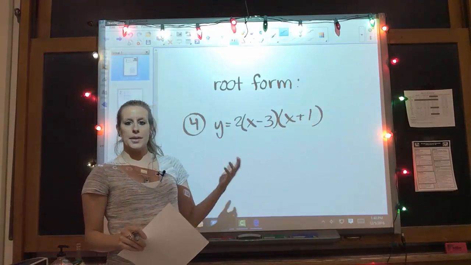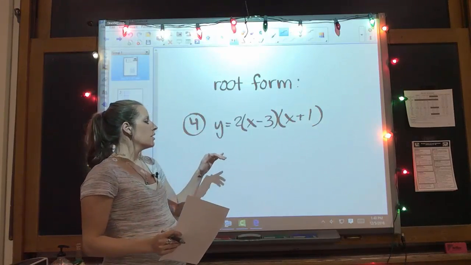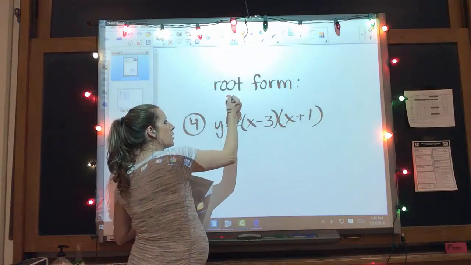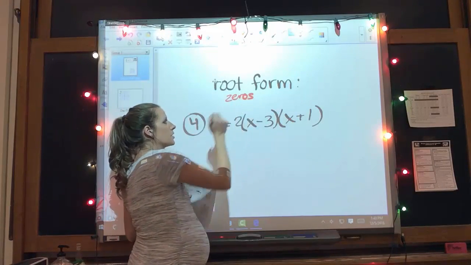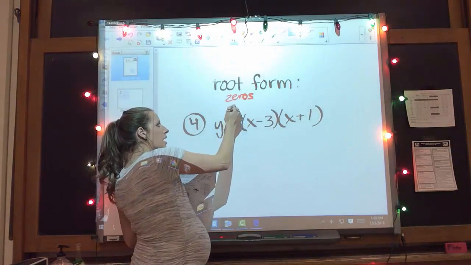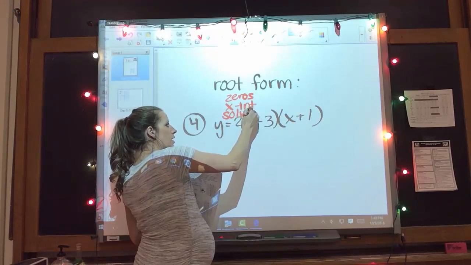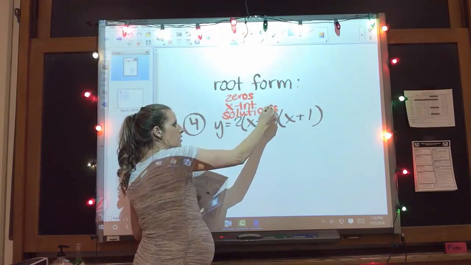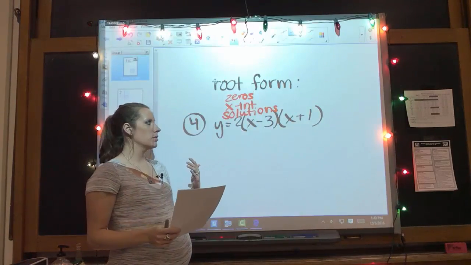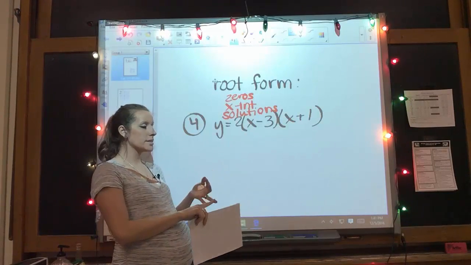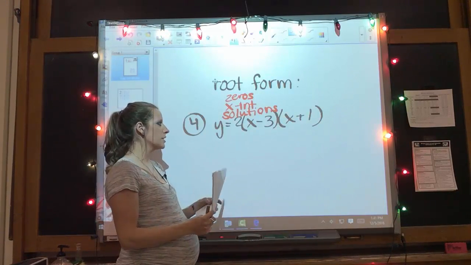Now remember from the beginning of the year, even Algebra 1, your roots are the same thing as zeros. Sometimes we call them x-intercepts or solutions. They all mean the same thing.